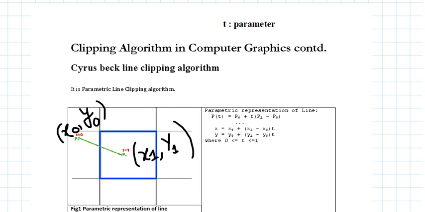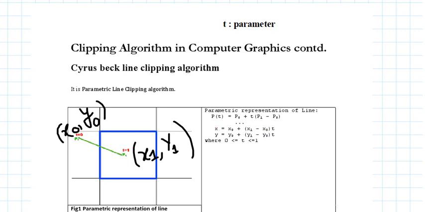Now it says that the value of t can be varied in between 0 to 1. So just put the initial value of t in this equation, which represents the x values of the line.